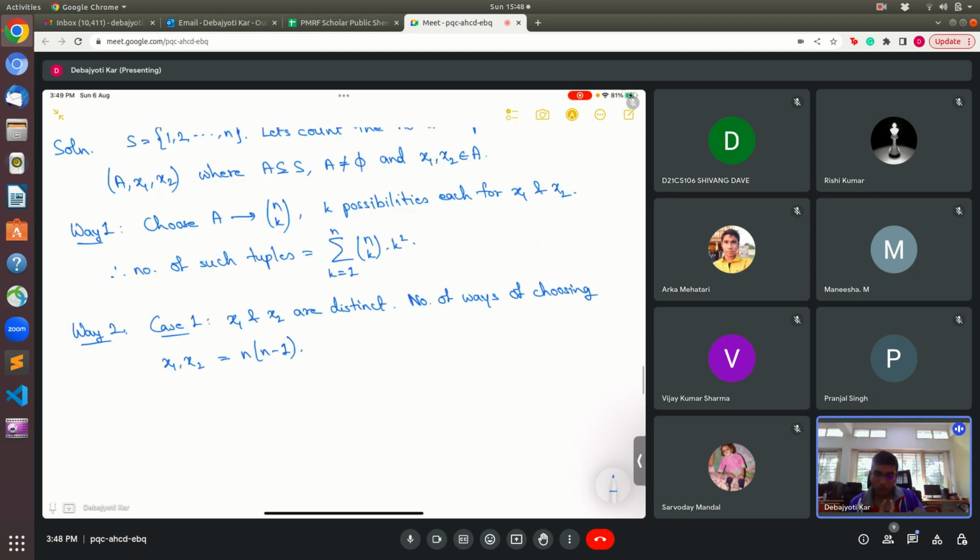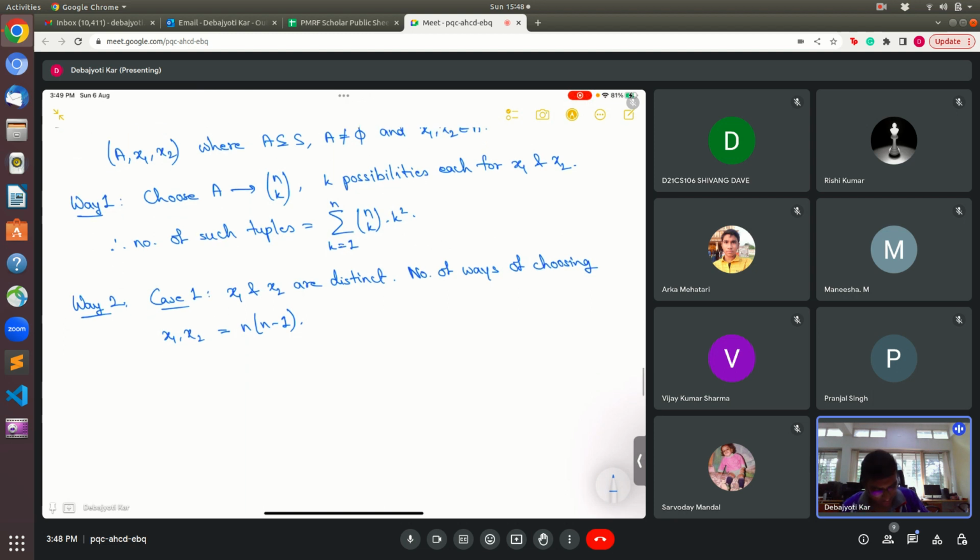Now once we have chosen x1 and x2, our set A can be a subset of any size which contains both x1 and x2. So once we have fixed x1 and x2, out of the remaining n minus 2 elements, we can choose any subset.